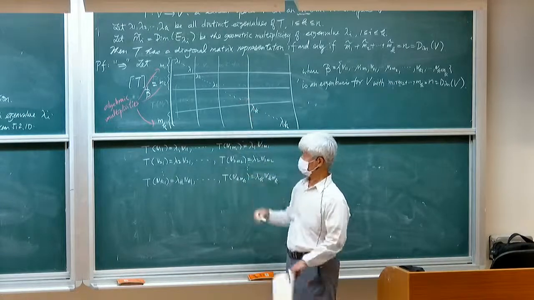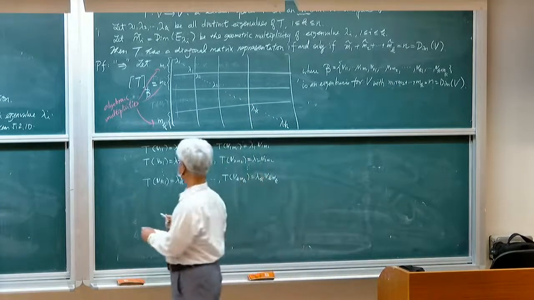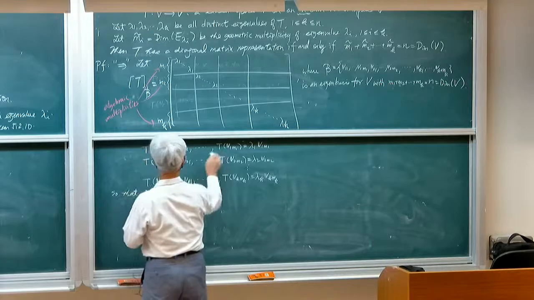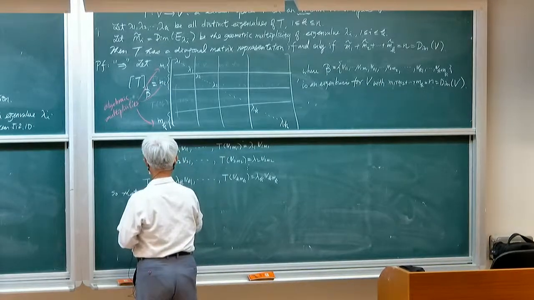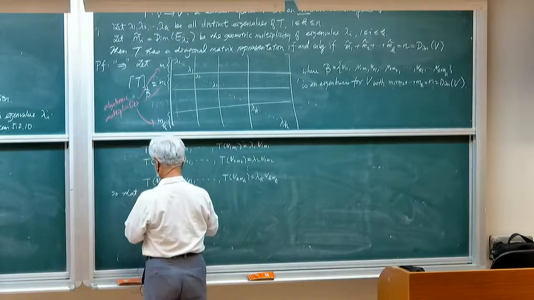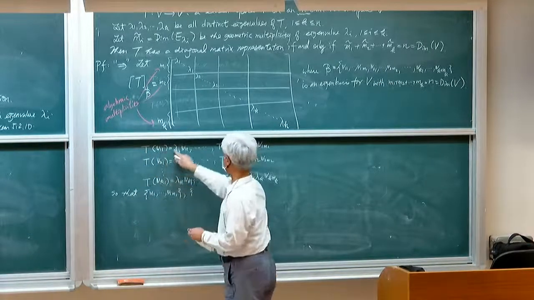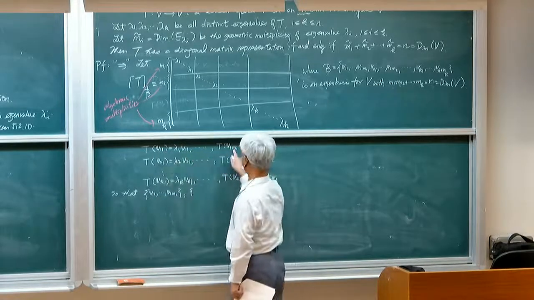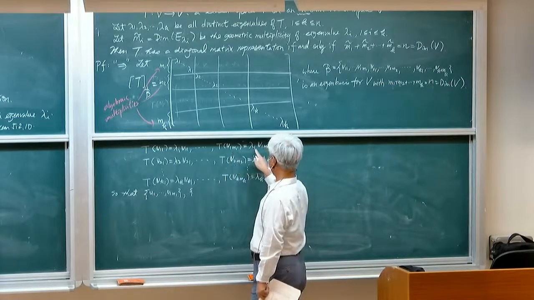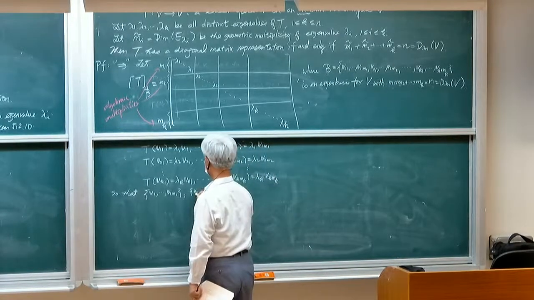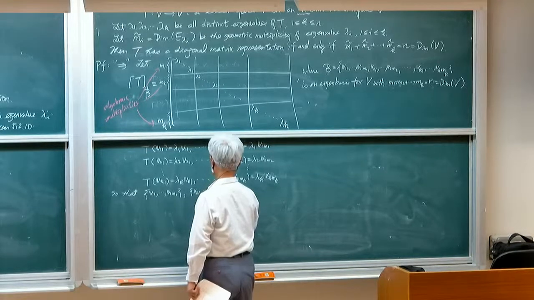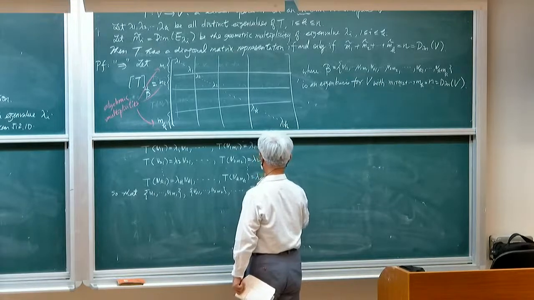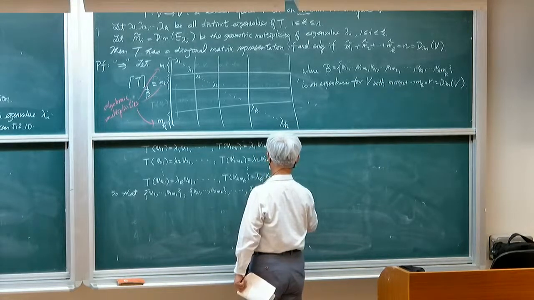So we collect V11 up to V1M1 together. These M1 eigenvectors are put together because they are all eigenvectors corresponding to eigenvalue number 1. And we collect eigenvectors corresponding to eigenvalue number 2 together, and the last one is eigenvectors corresponding to eigenvalue number k.